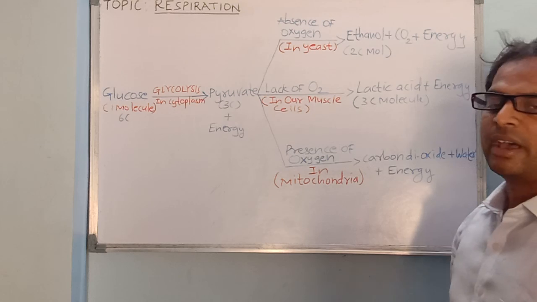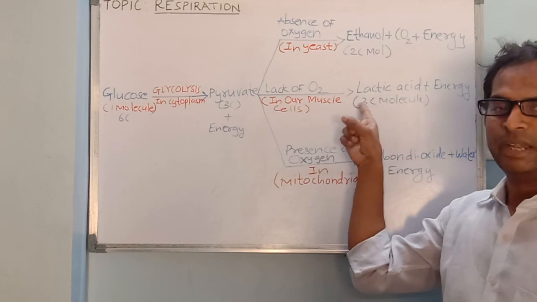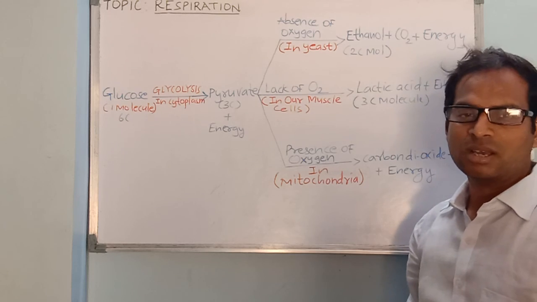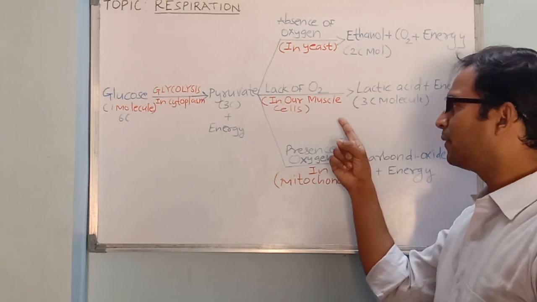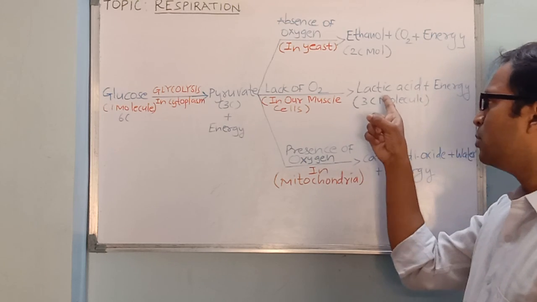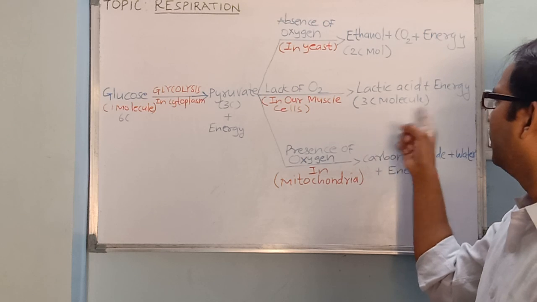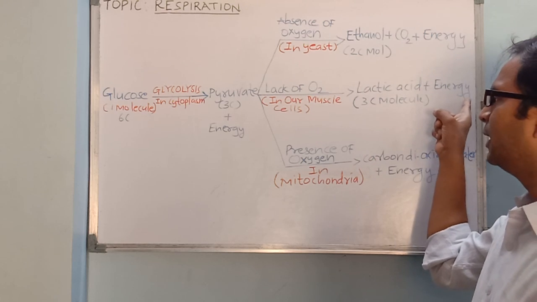Again, another type of anaerobic respiration we have here is lactic acid fermentation. This occurs in our muscle cells in absence of oxygen, and the end product is lactic acid, which is a 3 carbon compound, along with energy.